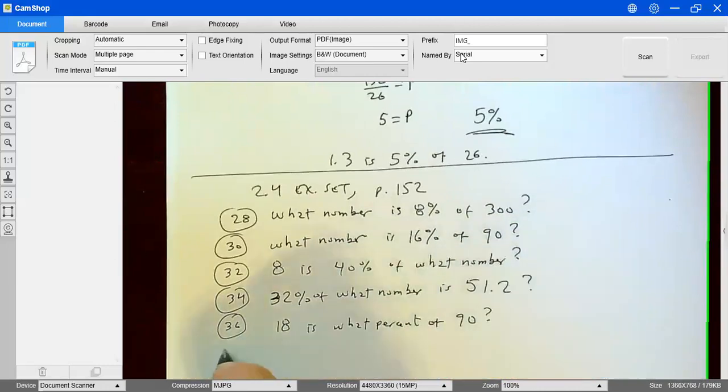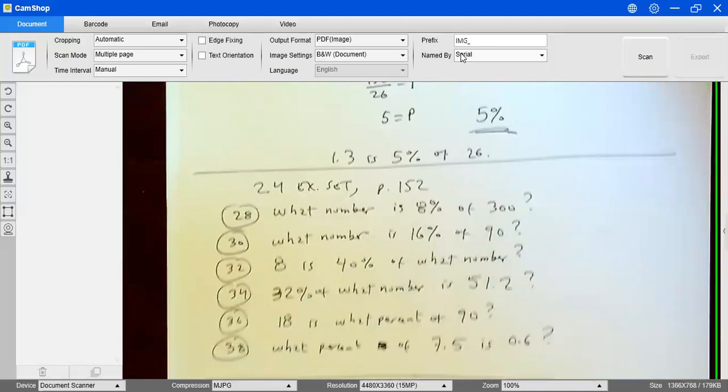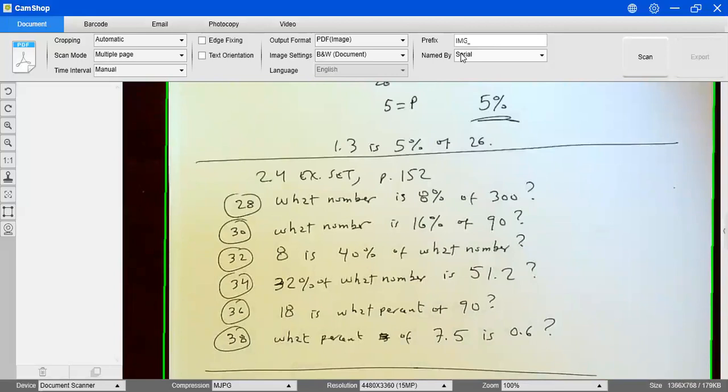And finally, the last problem is what percent of 7.5 is 0.6. So these are your problems to finish this section.